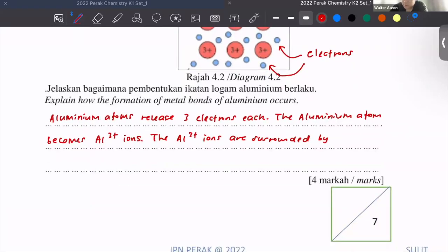So you can say that the aluminum ions are surrounded by a sea of delocalized electrons.